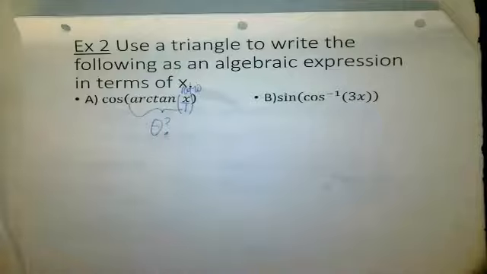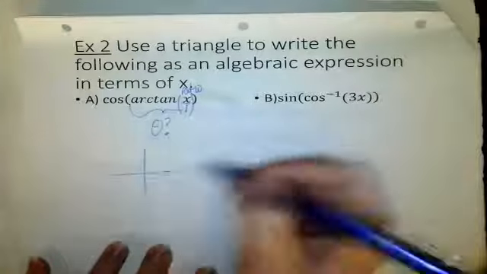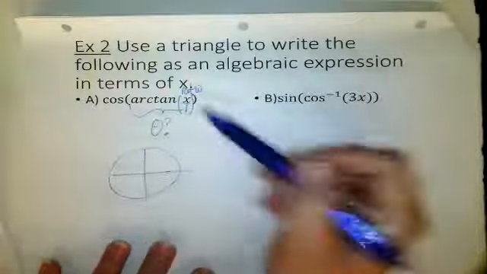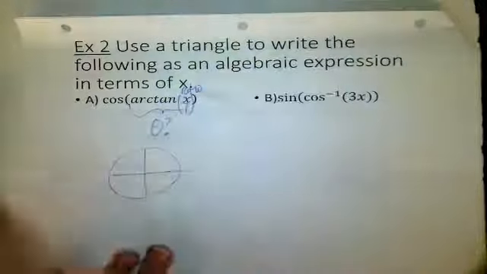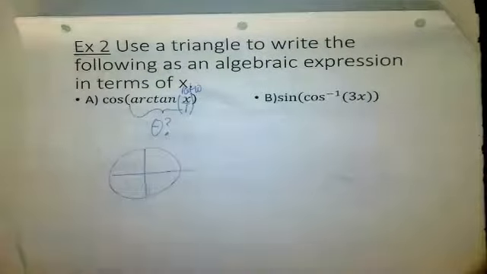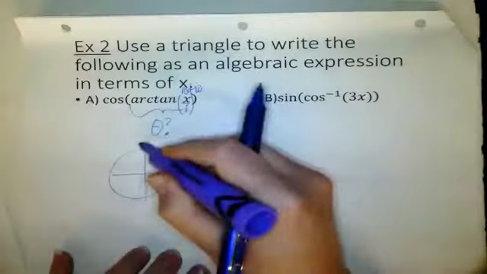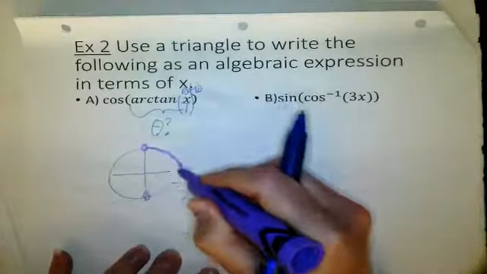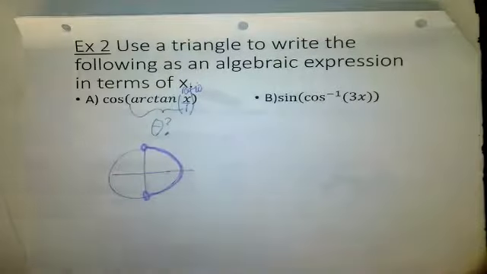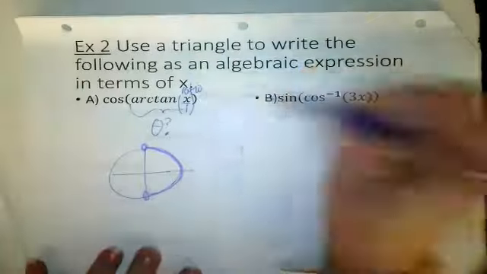We're going to draw a picture. So thinking about my unit circle, tangent inverse uses which side? Just the right side. Okay, and so I want to draw my angle. I'm assuming a few things.